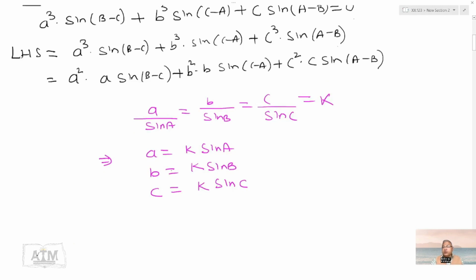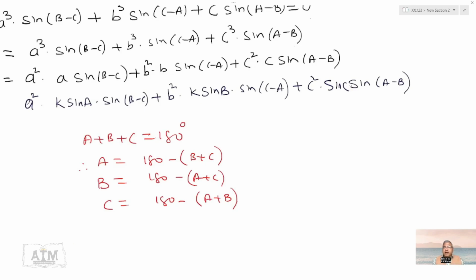Now by using sine rule, a equals to k sin A, b equals to k sin B, and c equals to k sin C. In place of a, we are writing k sin A, in place of b, k sin B, and in place of c, k sin C.